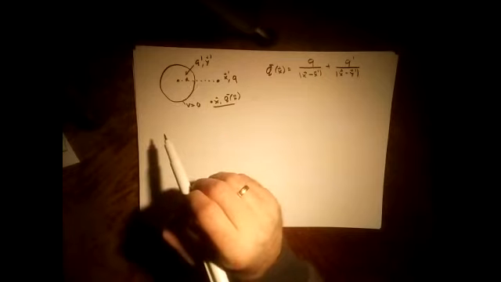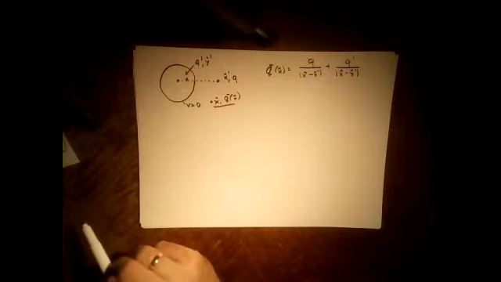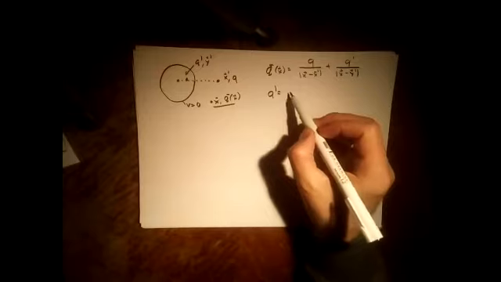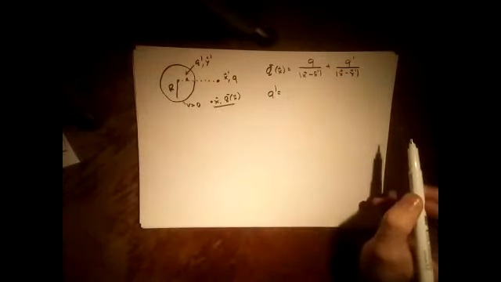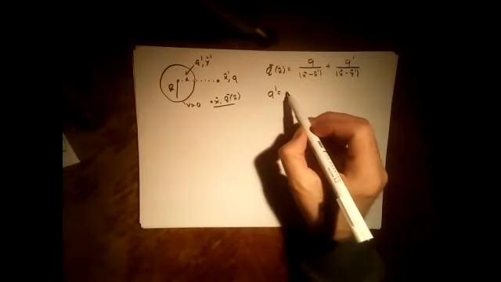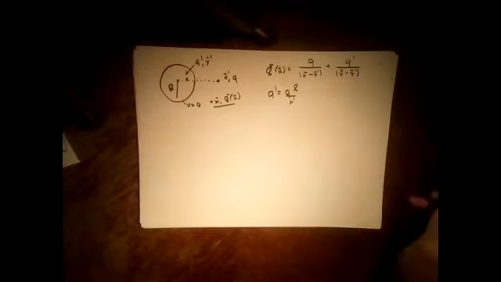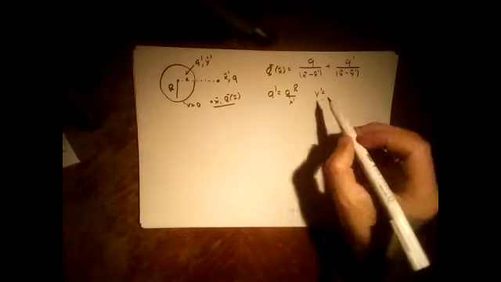You want to fix q prime and y prime in such a way that the potential is 0 on the surface of the sphere. Sorry, I have to give a radius r to my sphere. That's going to be true if q prime is equal to q r over x prime, and we also need to specify the distance y prime.